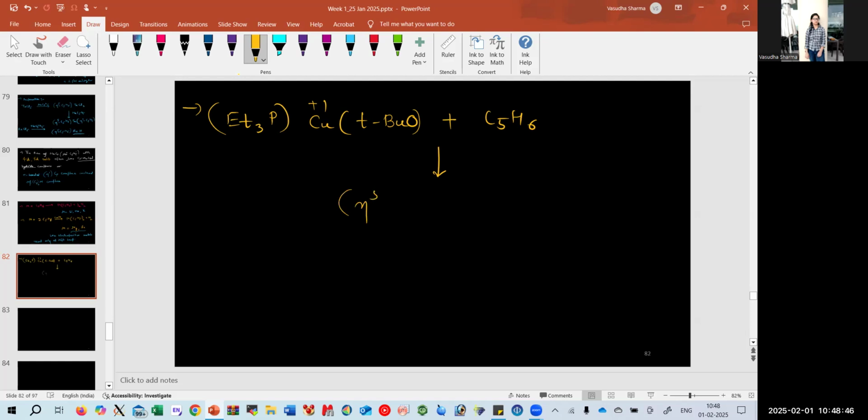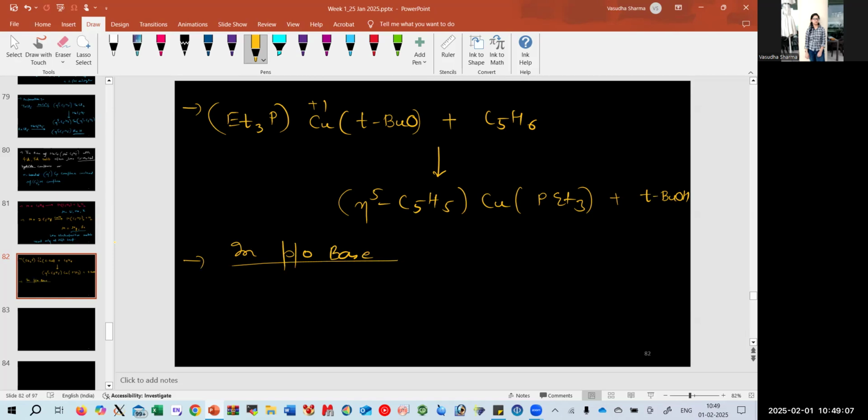So since it's electropositive, it would have this molecule, and PEt3 is still there with the oxide. Tertiary butoxide would take up the hydrogen proton. So here above we didn't add the base, here it was already having the base inside.